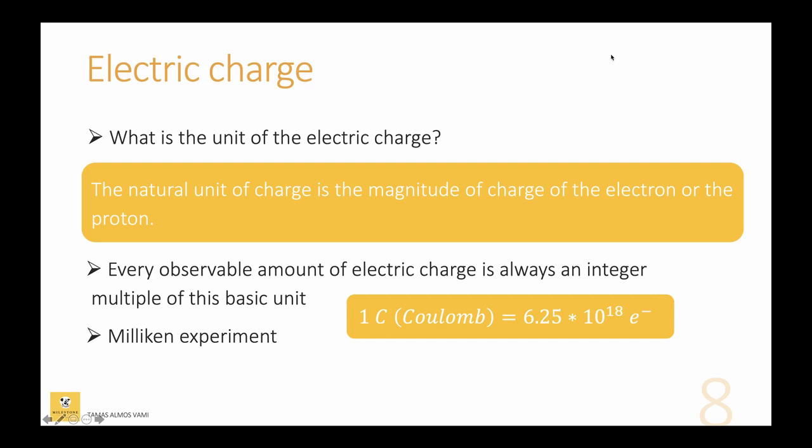To verify this statement, we have to do the Millikan experiment, and I think this is going to be one of your lab assignments at university, to repeat the Millikan experiment and indeed see that this is a true statement.